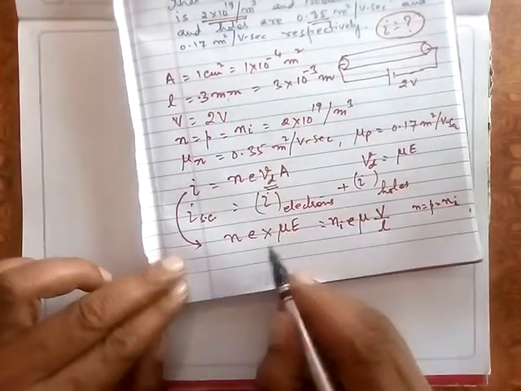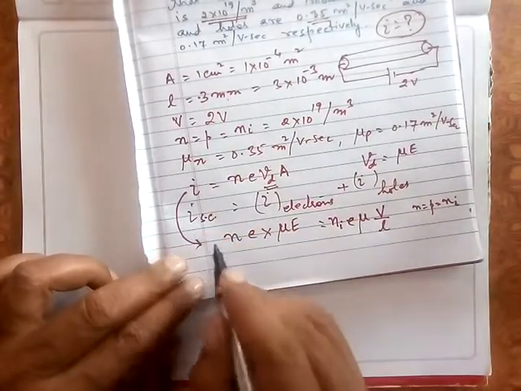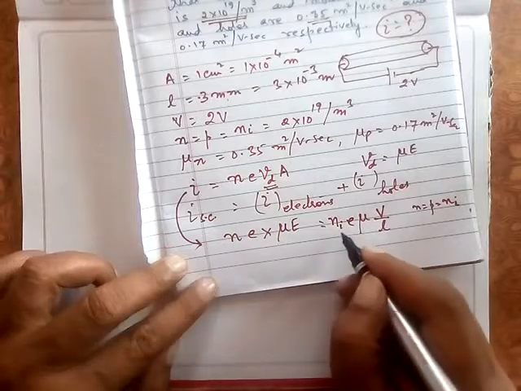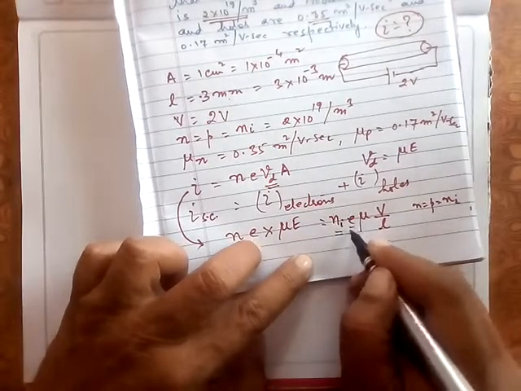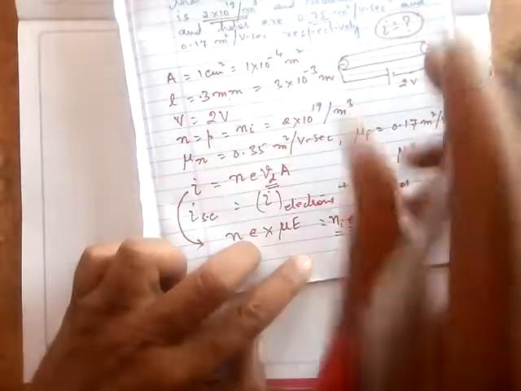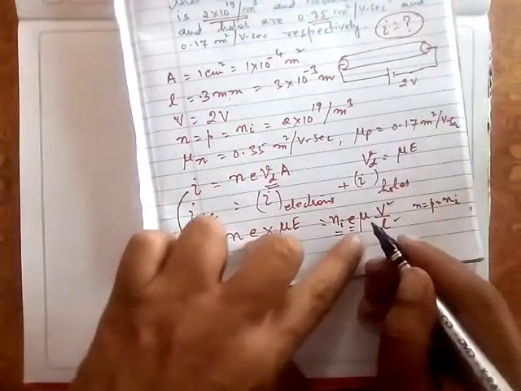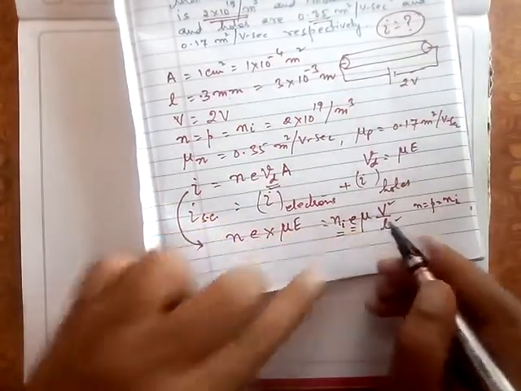Now for a semiconductor, this Ni will remain the same, this E will remain the same, this voltage applied is the same, this length of the conductor is the same. All I have to do is to replace this mu by mu n plus mu p.